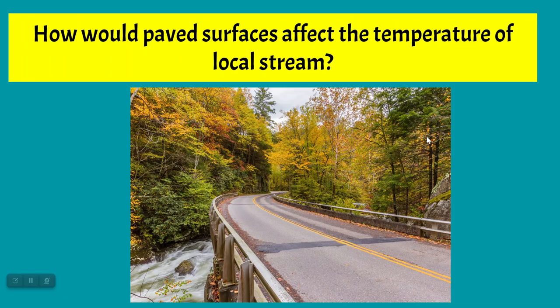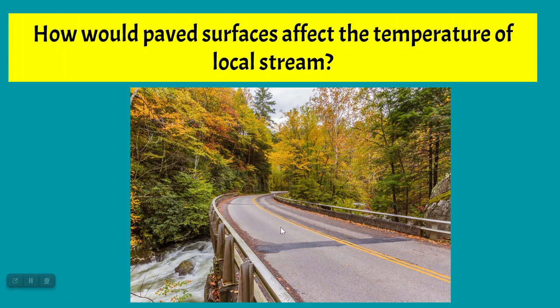Okay. How would paved surfaces affect the temperature of a local stream? You did have a question about this in your packet, and this was one just to think about. So I know that I've got paved surfaces near this stream. These dark surfaces in the sunlight, especially in the summer, they're going to get pretty hot.